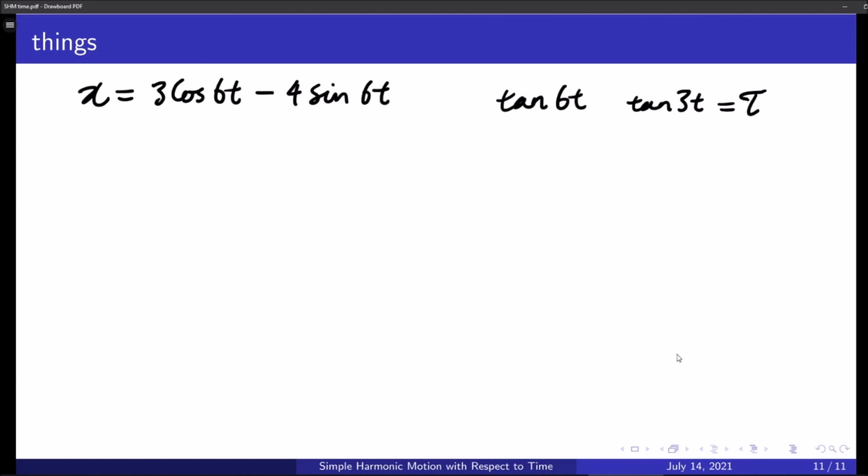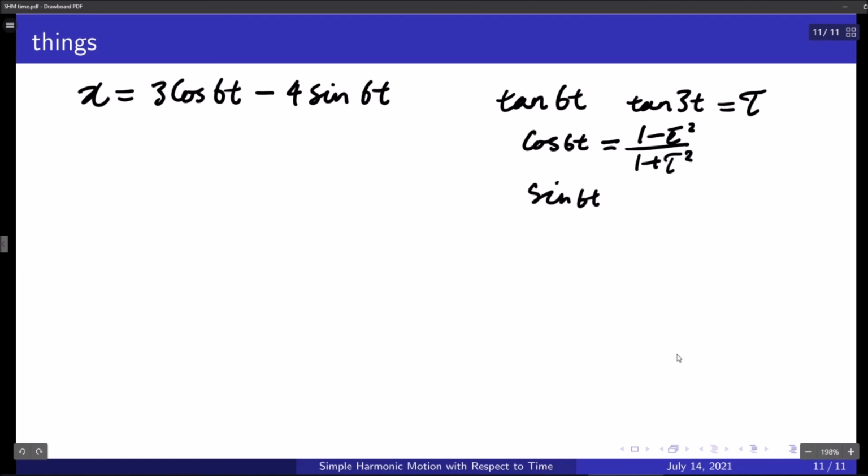If tan 3t equals tau, that means cosine 6t will equal 1 minus tau squared over 1 plus tau squared, and then sine 6t would equal 2 tau over 1 plus tau squared. Okay, so this is what we have.